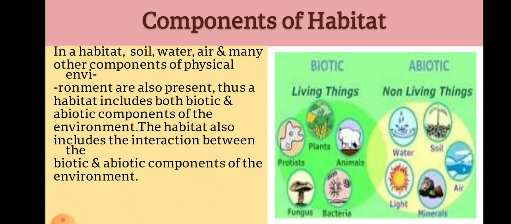The habitat also includes the interaction between the biotic and abiotic components of the environment. Here is a picture showing biotic and abiotic components of a habitat. Biotic components include living things and abiotic components include non-living things.